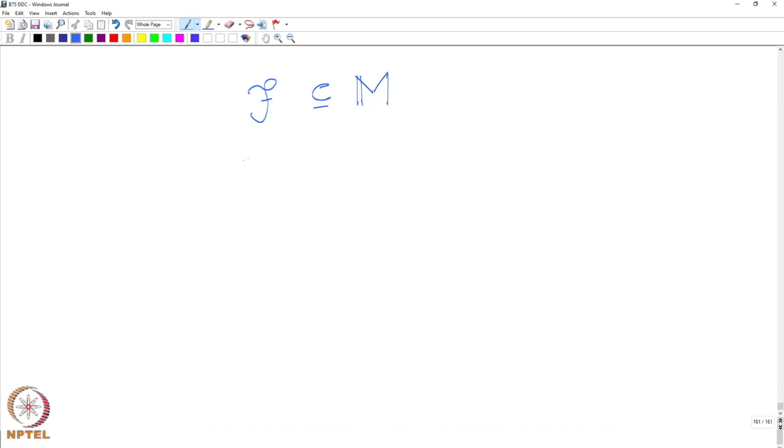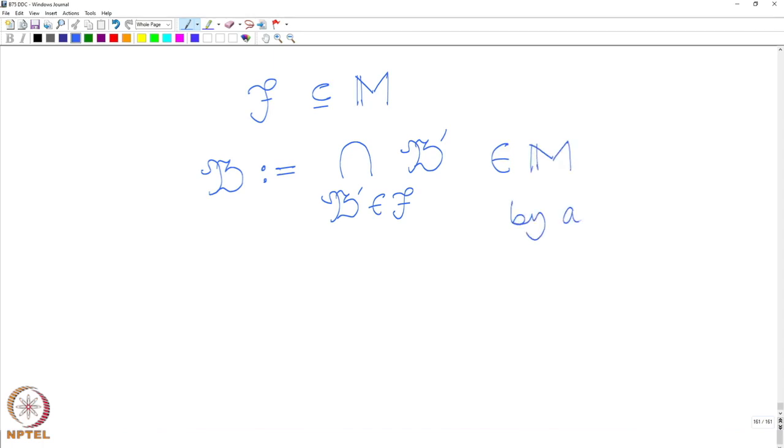So now if I define my B to be equal to the intersection of all B prime in this family, then by our second assumption this also is a valid model. This is a valid model by assumption 2, my bad, sorry. By assumption 2, this is a valid model, because F is a subclass, and I am looking at its intersection, and therefore this is going to be a model by assumption 2.